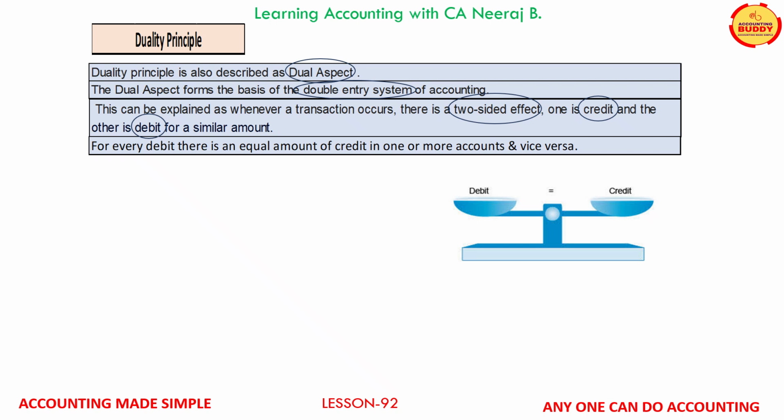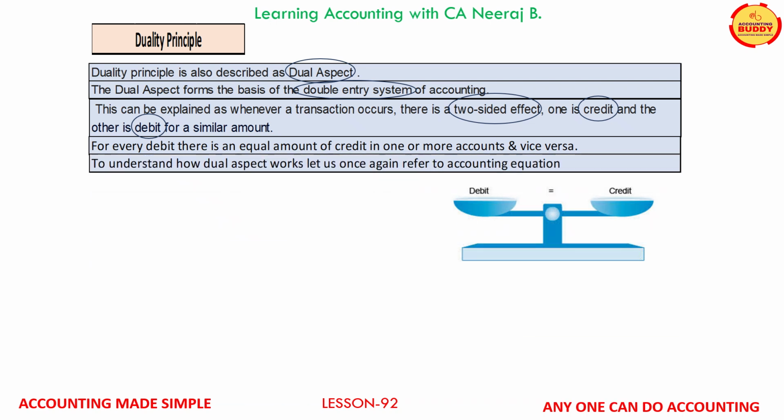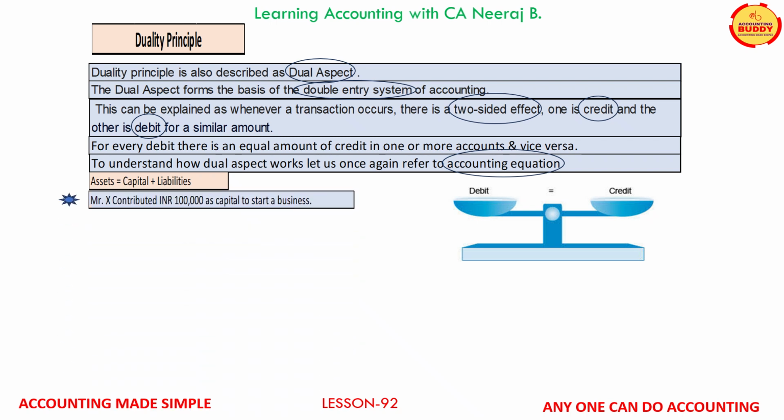Now, to understand dual aspect, let us once again refer to the accounting equation, that is, assets are equal to capital plus liability. Let us clear the principle of duality with examples. In example 1, Mr. X contributed INR 100,000 to start a business.